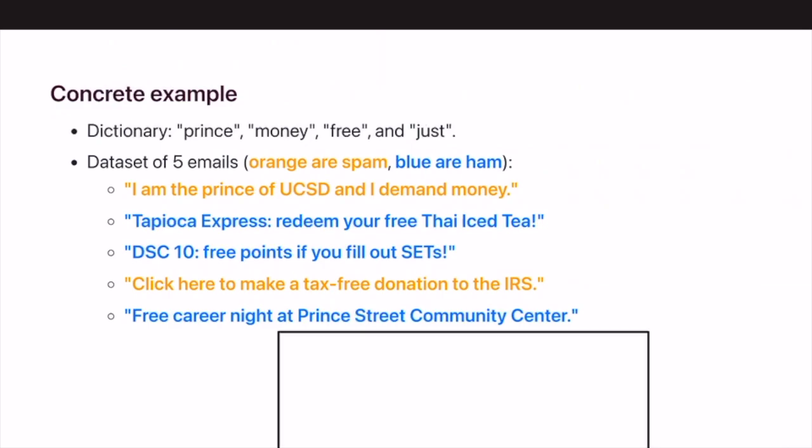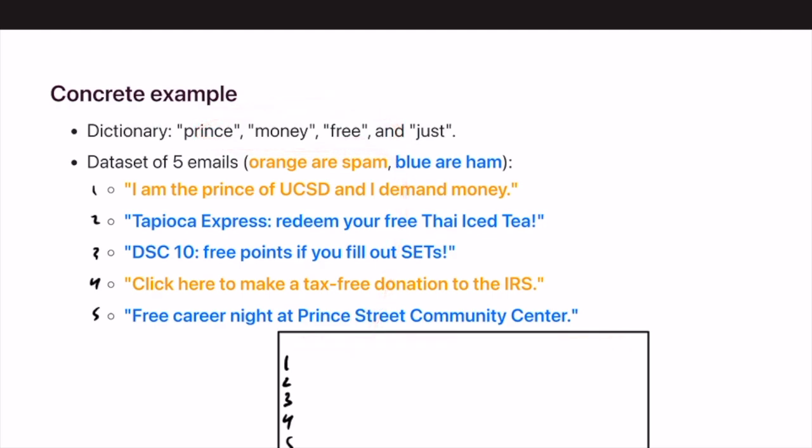Okay, we have 5 sentences. So we have 1, 2, 3, 4, and 5. And actually, let's save some space at the top. 1, 2, 3, 4, 5. And we're going to take our dictionary now and put the words across the top.